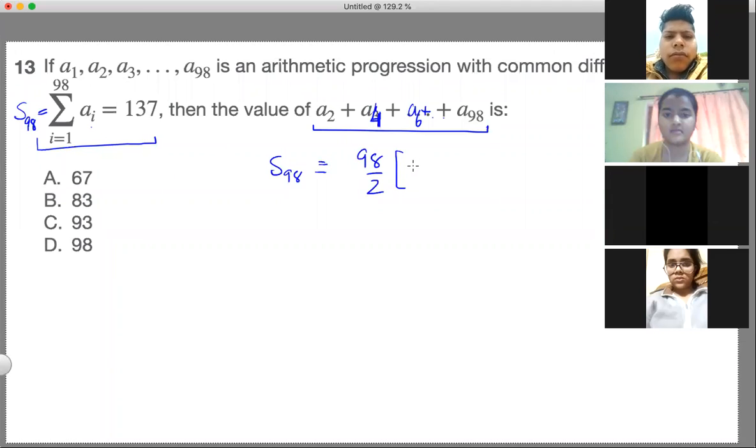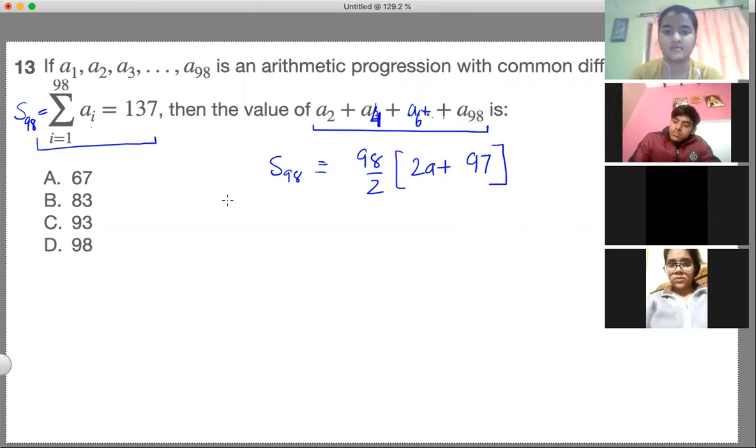What will come inside the bracket? 2a plus 98 minus 1, which is 97. D is 1. So बस इतना है. Okay, let this sum be called x.